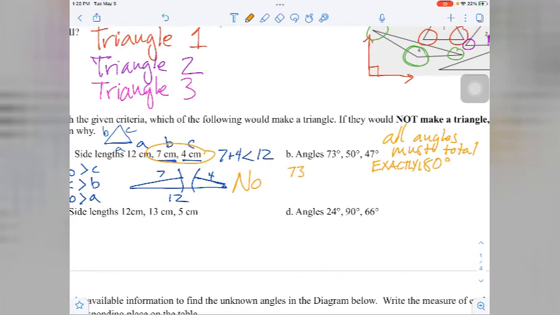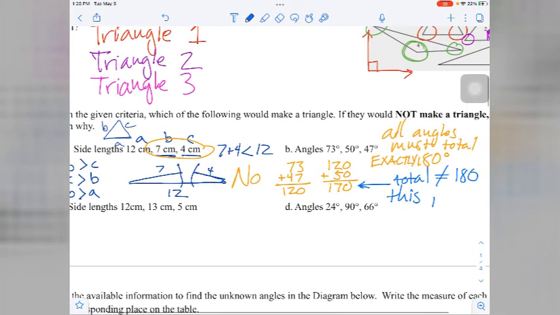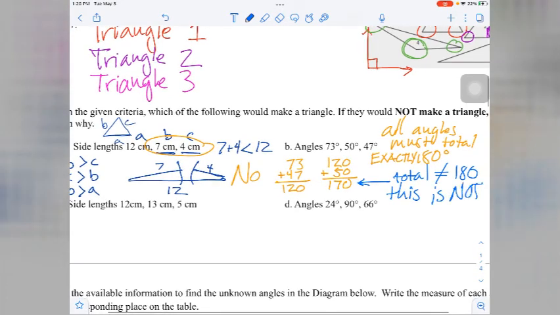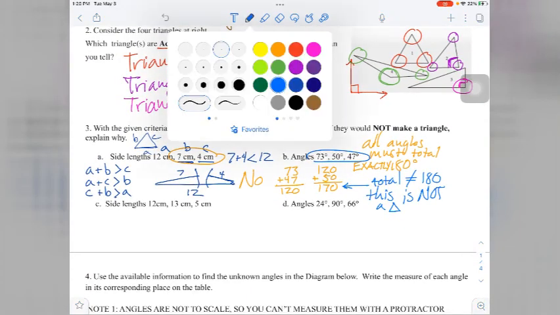So in this case, 73 plus 47 makes 120, and then 120 plus 50 more makes 170. So because the total angles are not equal to 180, this is not a triangle. So these can't be a triangle because they don't total 180.